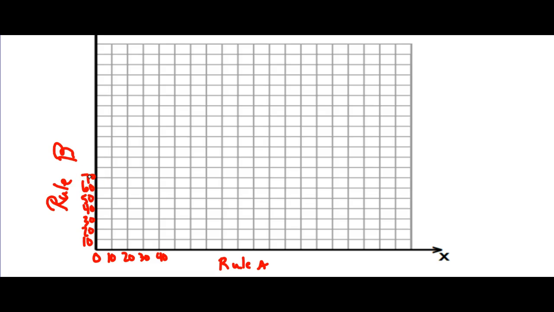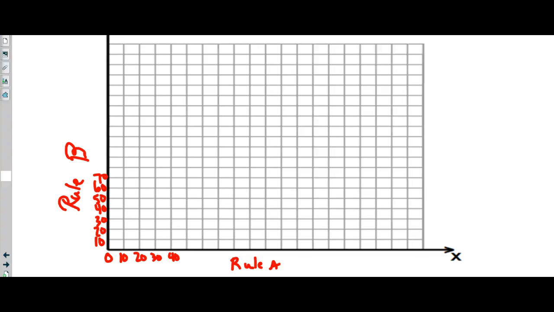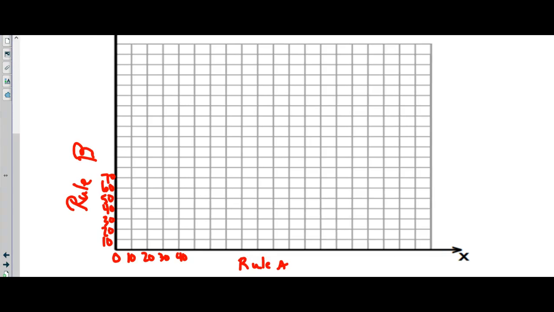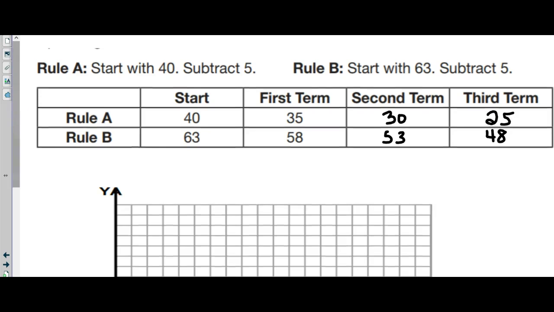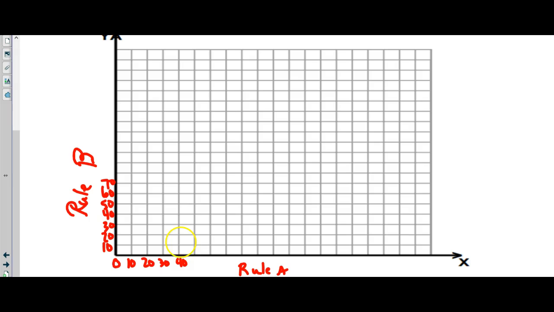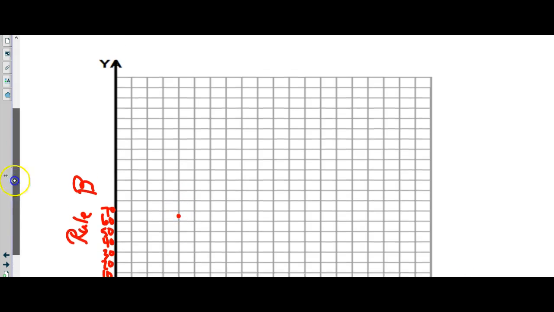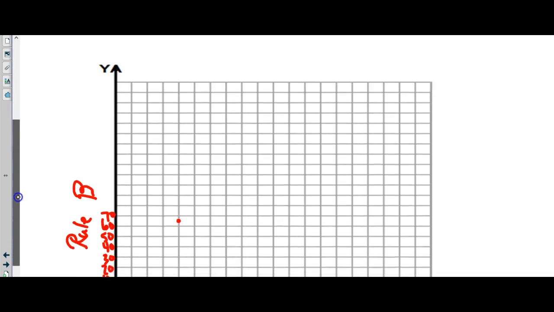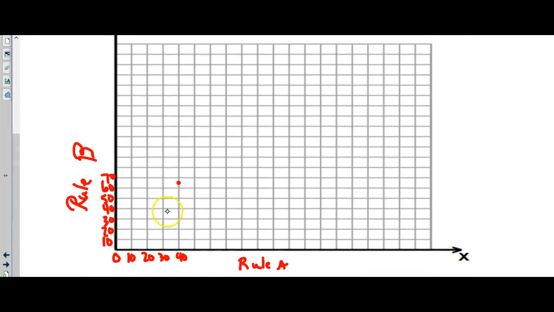So when I look at this, rule A is 40 when rule B is 63. So 40, 63 right there. When I look at my next one, I have 35 and 58. So 35 and 58 right there.